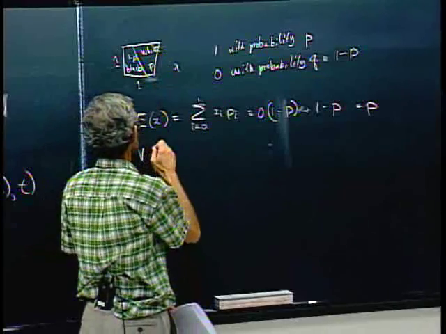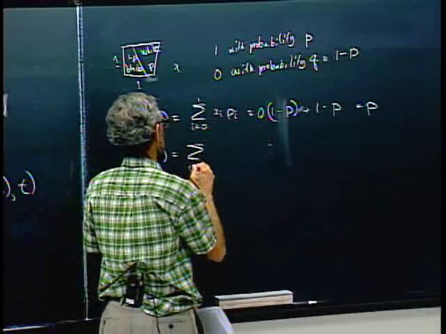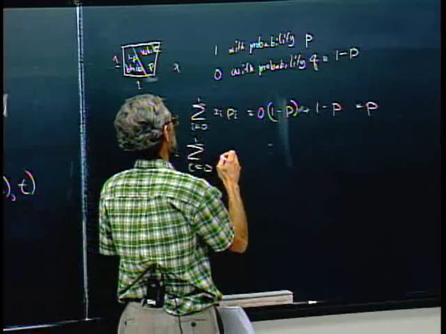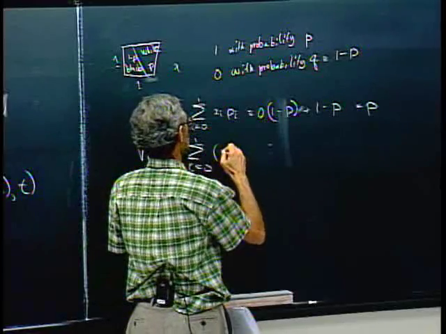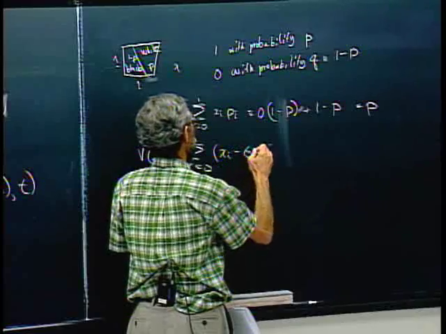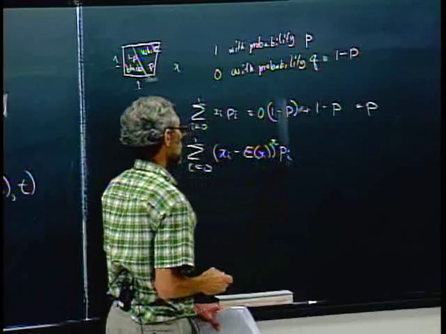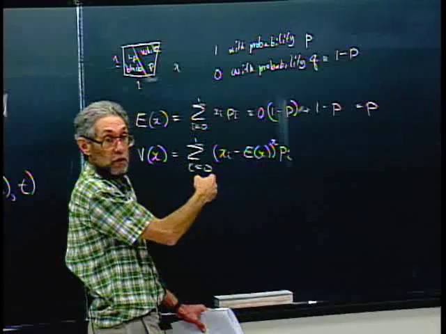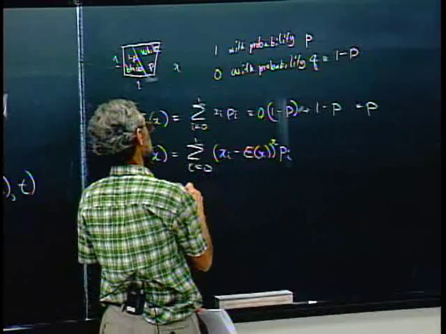What's the variance? Well, that's the sum i equals 0 to 1 of xi minus the expected value of x, squared, times pi, right? Before we had an integral, this was the discrete case that I talked about the period before that. And so let's see.